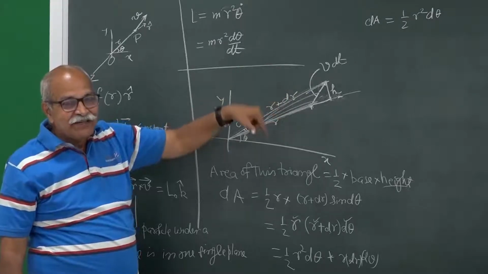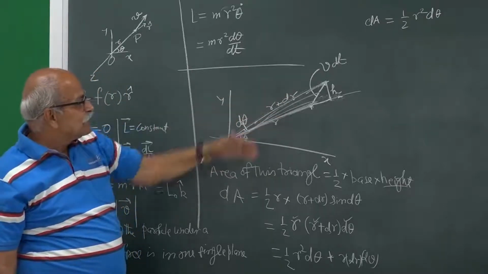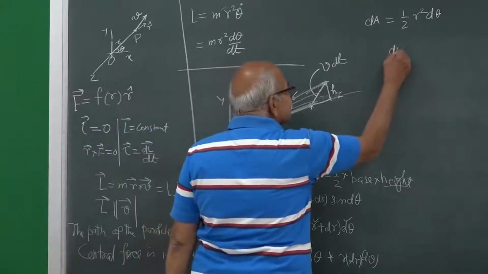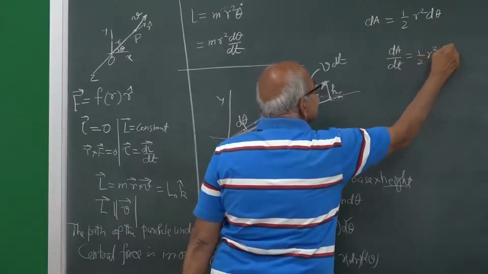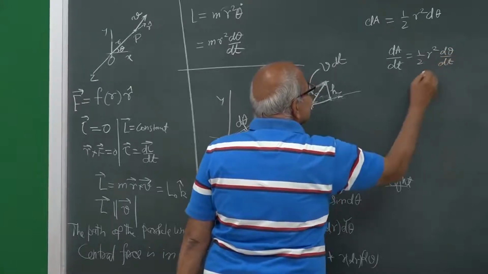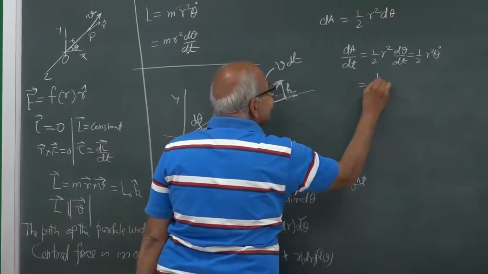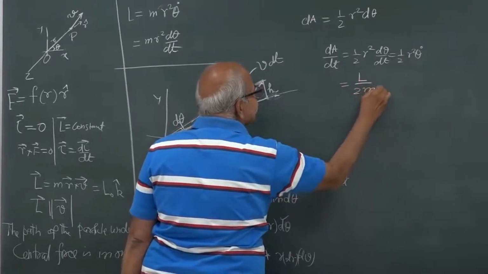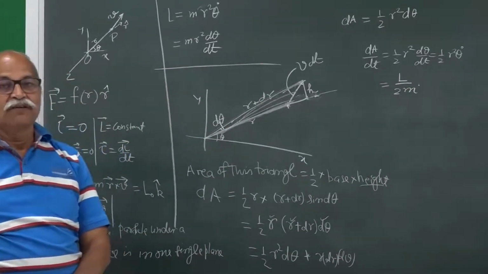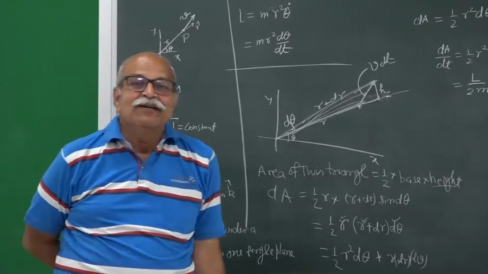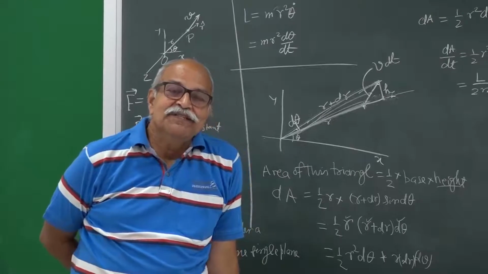So the rate at which this radius vector is sweeping the area will be dA by dt, and that dA by dt will be half r square d theta by dt, that is half r square theta dot, and that is L divided by 2m. Constant, independent of time. The magnitude of angular momentum does not change with time.